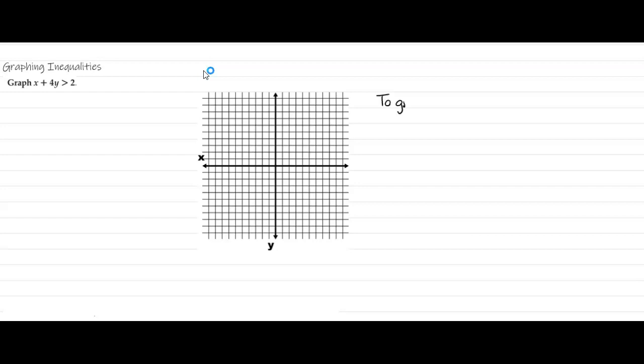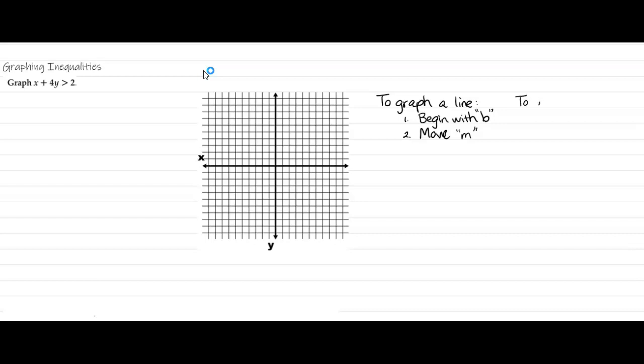To graph a line, begin with the B, or the y-intercept, and move M, which is the slope. Now, you can also begin with any point that you're given, but when you have an equation, you'll usually just be able to identify the y-intercept.